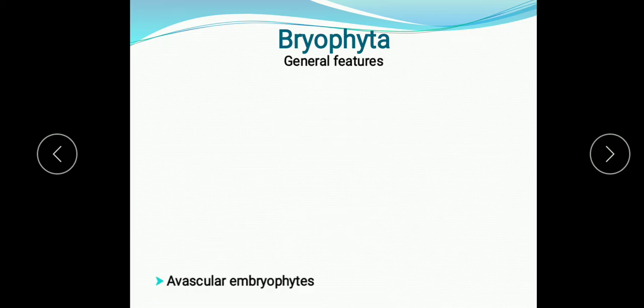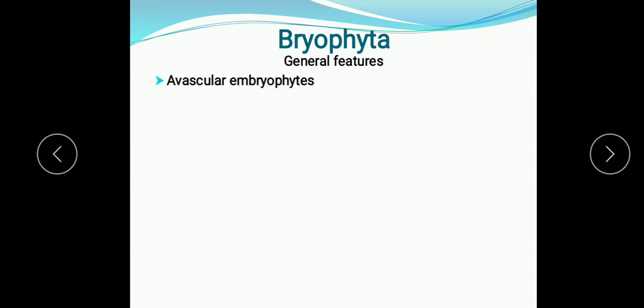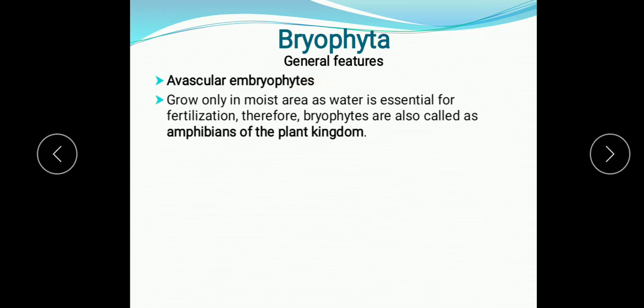Bryophyta are the avascular embryophytes. What is the meaning of avascular? Avascular means without vascular bundles. Vascular bundles means xylem and phloem. So there is no xylem, no phloem in the Bryophyta. And embryophytes means they produce embryo.